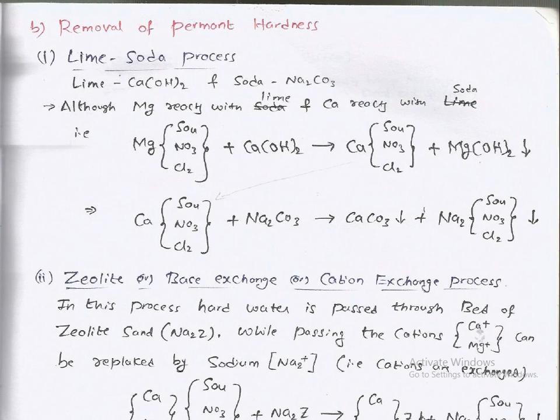Zeolite, base exchange or cation exchange process. In this process, hard water is passed through a bed of zeolite, sand, Na2Z. While passing, the cations calcium and magnesium are replaced by sodium Na+, that is, cations are exchanged.